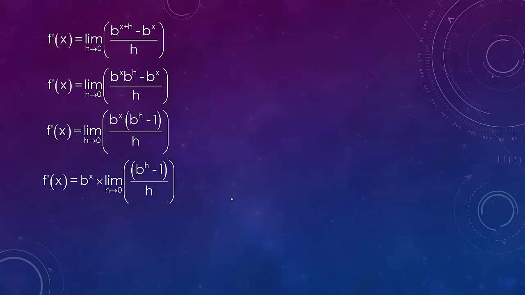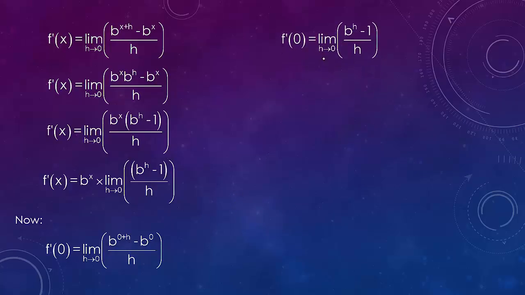Now, if we consider f dash of 0, so this is f dash of x, so we're replacing x with 0, that's the limit as h tends to 0 of b to the h take away 1 over h.